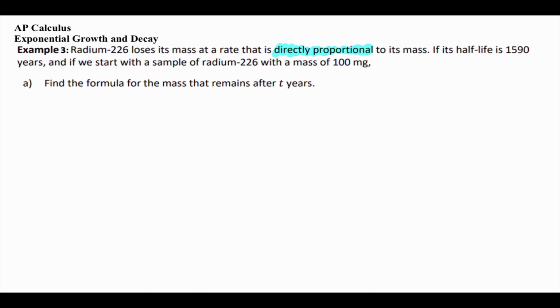So if it had 100, in 1,590 years it's going to have 50 milligrams left, right? So by that logic, is it ever going to go away, become zero? No, right? That's half-lives. I always do this to my math 3 class when we talk about exponents, and they don't believe me. You have a pizza.